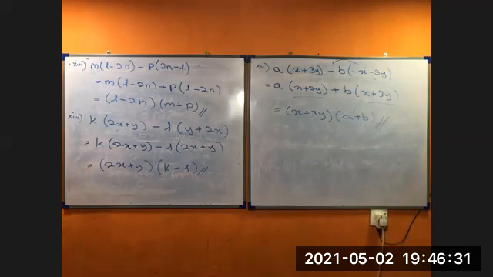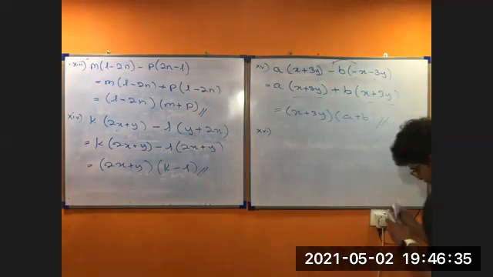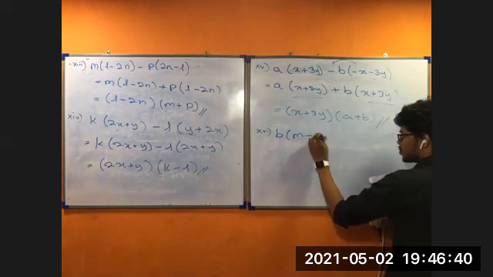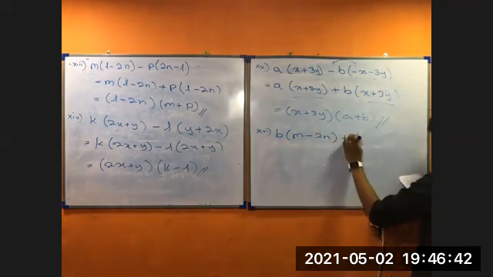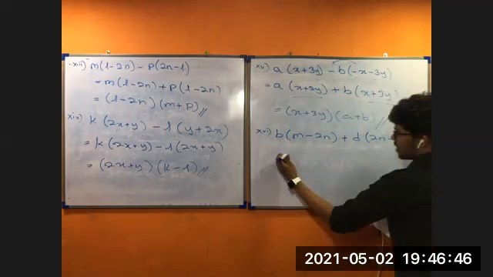Then the last one under this revision exercise, we have b times m minus 2n plus d times 2n minus m. Easy, I think, right?